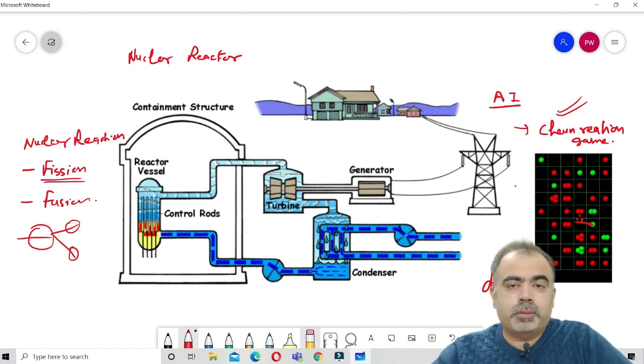I hope everybody understands that we can use the data set which we generally use to play this chain reaction game.